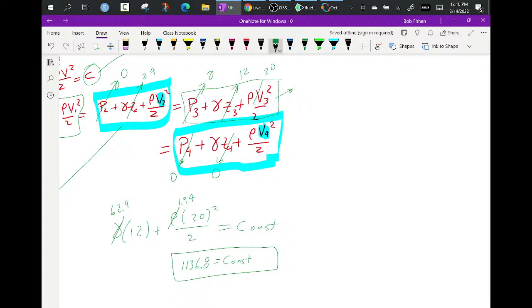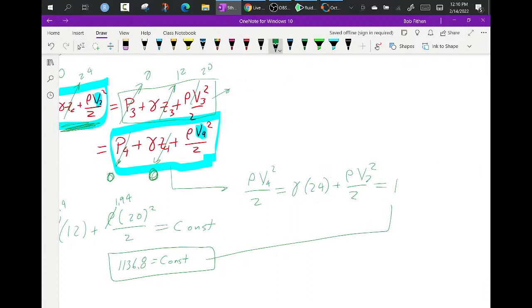Okay, so if I take this equation, I'll say rho v4 squared over 2, I won't have a value here and I won't have a value here, is equal to, you take this one, gamma times 24 plus rho times v2 squared over 2 is equal to the constant, 1136.8.